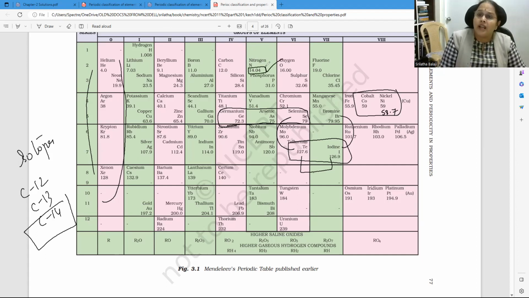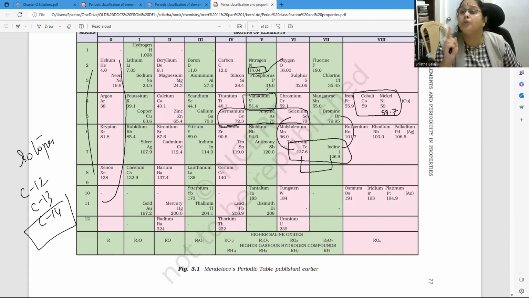So is this mass 14 representing nitrogen, or should I place carbon here? That means there is no place for isotopes. If you are indicating a particular element for a particular mass, it should be an identity for only a single element. It should show a uniqueness there.